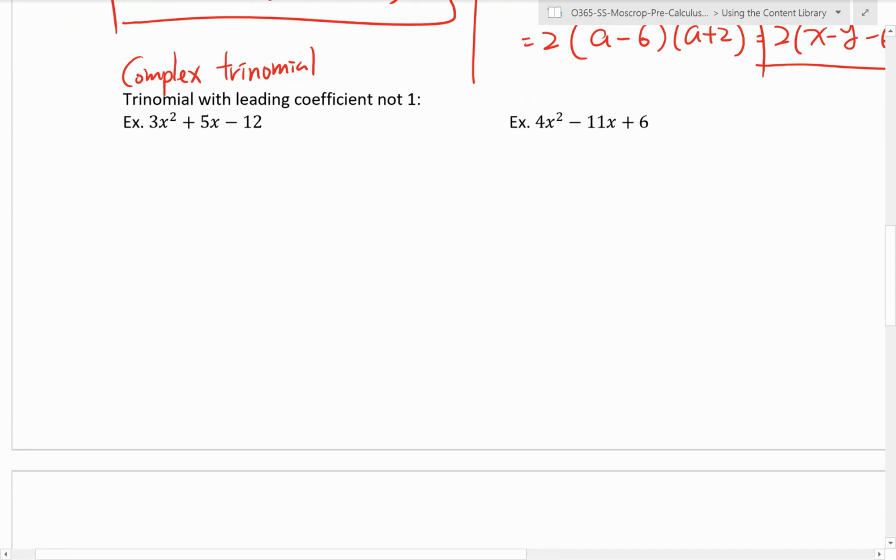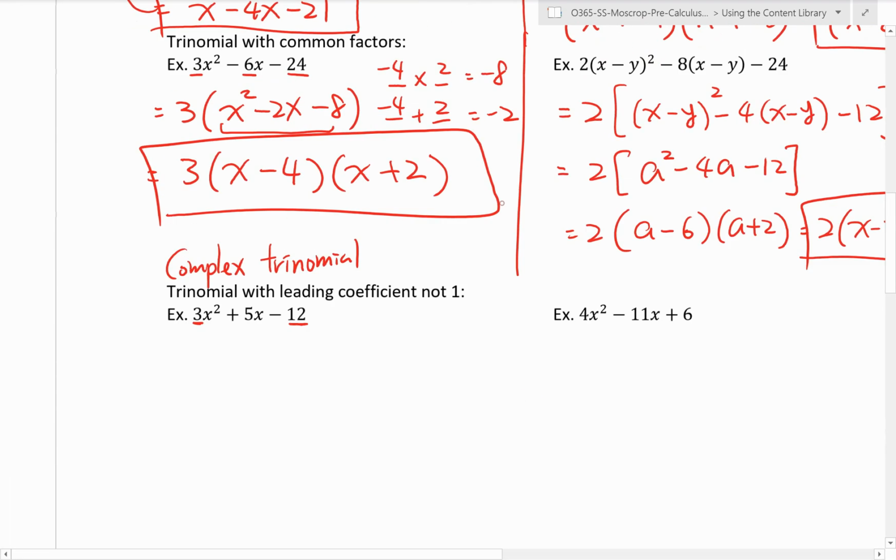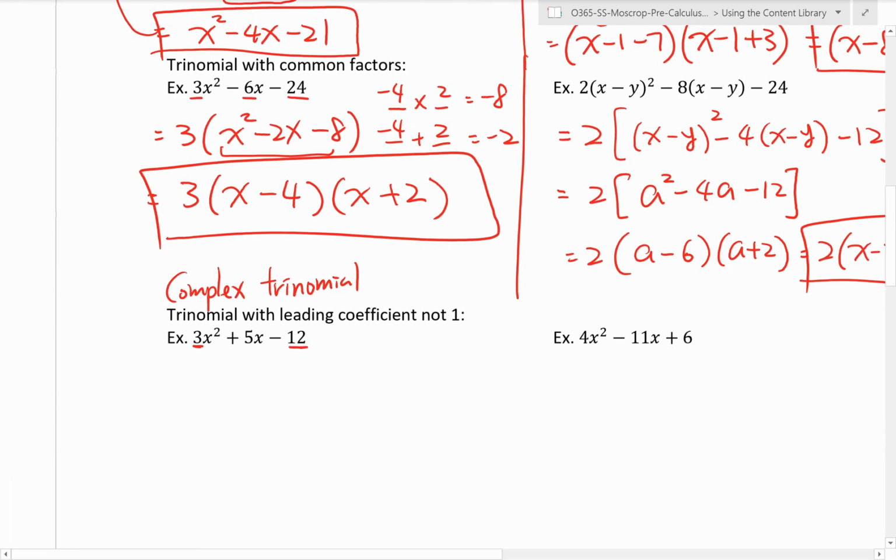So then you can see this is a trinomial and the leading coefficient is not 1. In that case, this is what you can do. This is the decomposition method. What you're going to do is multiply the leading coefficient with the constant term. So 3 times negative 12 is negative 36. So it's actually similar to how we did it earlier.